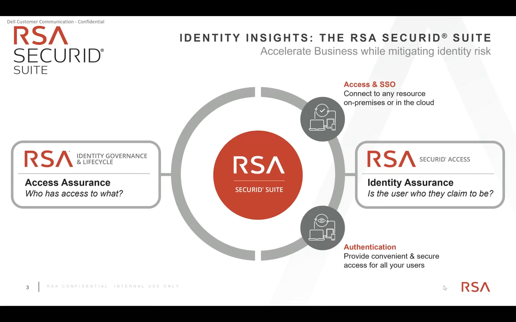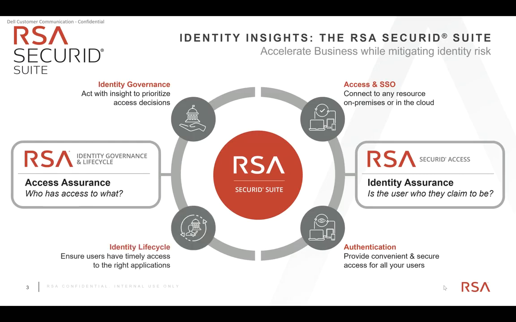The second solution we have in SECURID suite is governance and lifecycle, which provides identity governance. Identity governance provides customers with visibility, collecting information of the organization: how many users you have, orphan accounts, active, disabled, who has access to what exactly. It's about access assurance. And the second part is lifecycle.